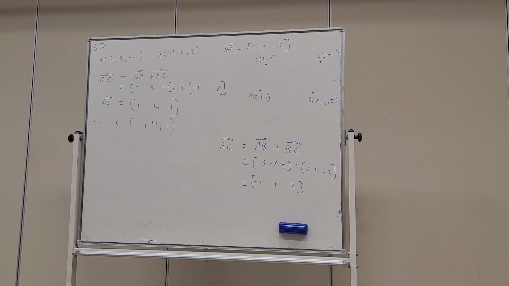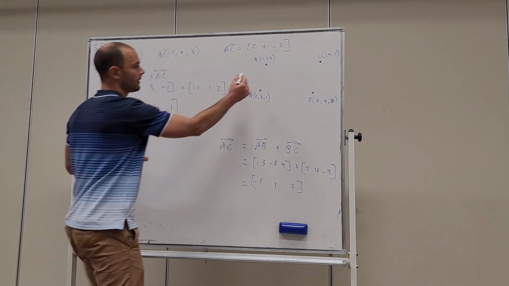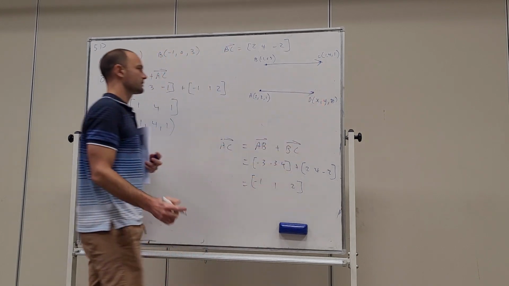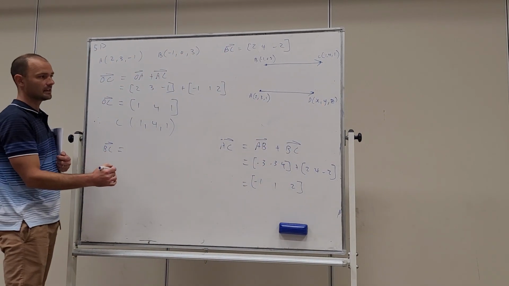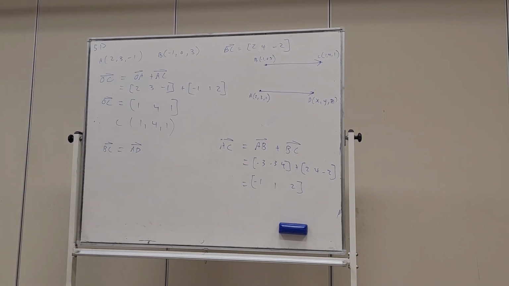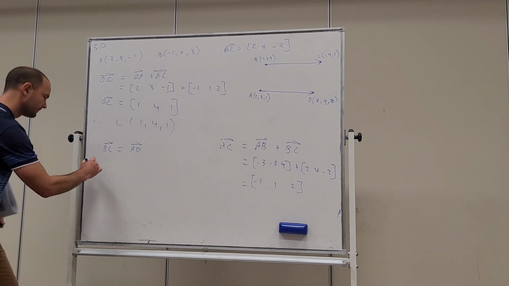Alright, but because it's a parallelogram, we know a number of things. We know that vector BC, this vector here, is parallel to this vector here. So that means vector BC is equal to vector AD. Now, vector BC we've got, that's (2, 4, -2).